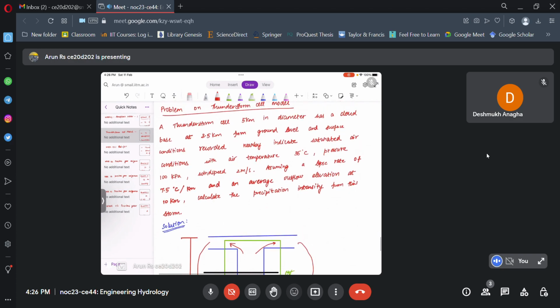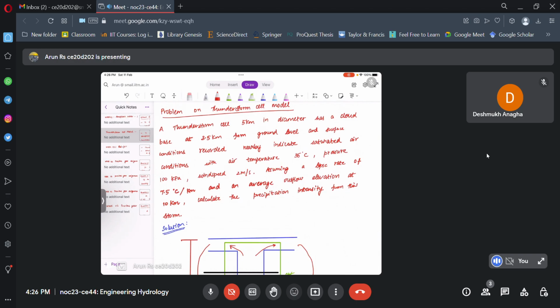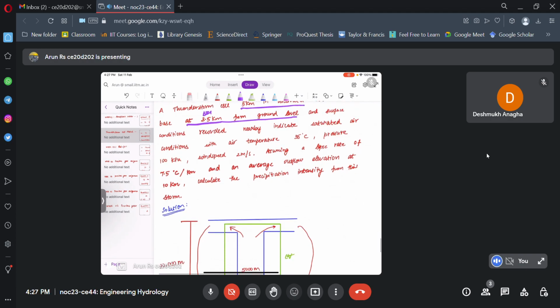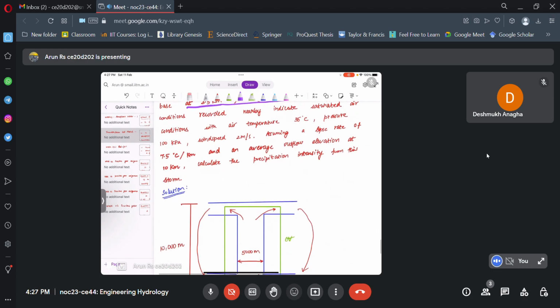The question is, a thunderstorm model is 5 km in diameter. This represents the cloud base, and the cloud base is at 3.5 km from the ground level. So this is the delta Z1 and this is the diameter, and the surface conditions nearby indicate saturated air conditions with air temperature.